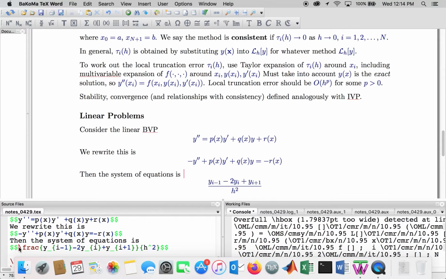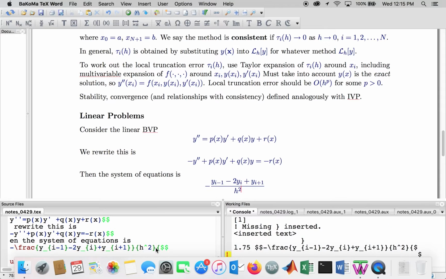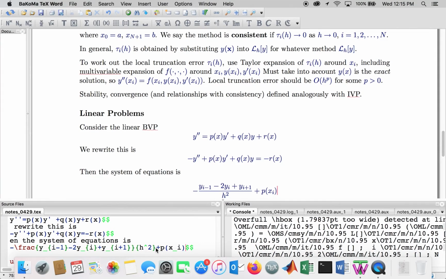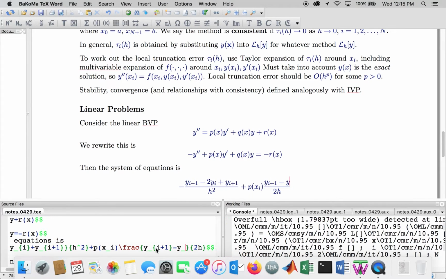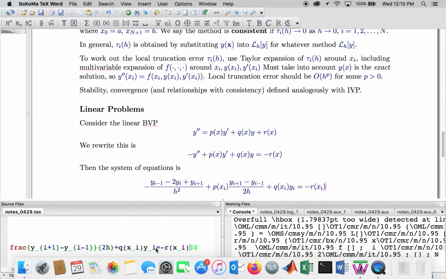But I have a minus out front, and then I'll have plus p of x i, and then the first derivative, 2h down below, and then y i plus 1 minus y i minus 1, plus q y i is equal to minus r of x i.